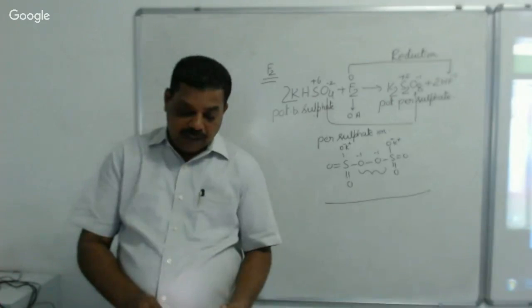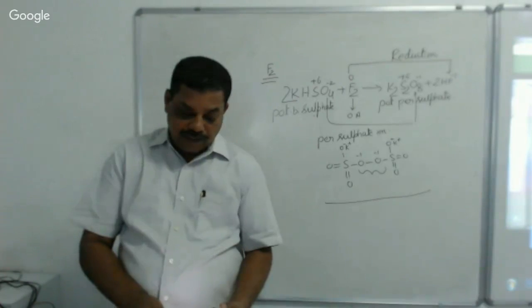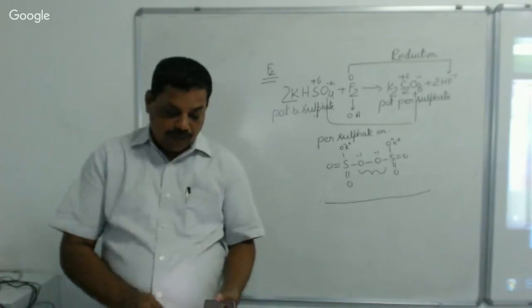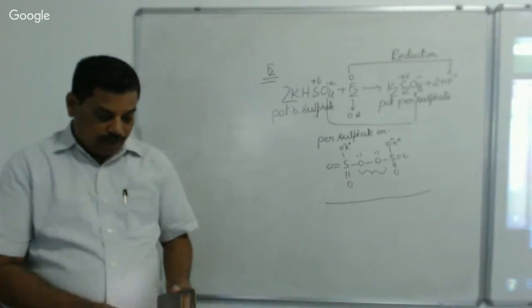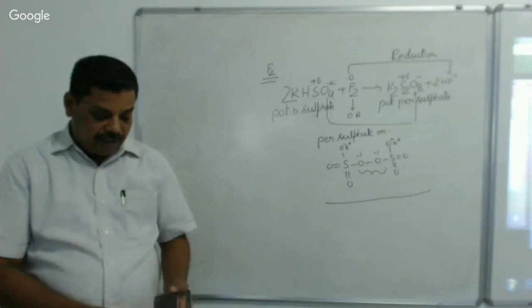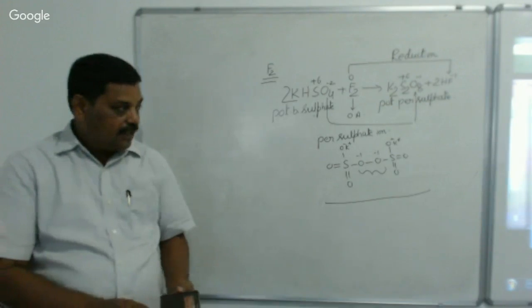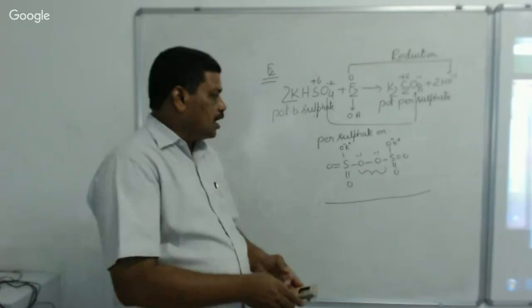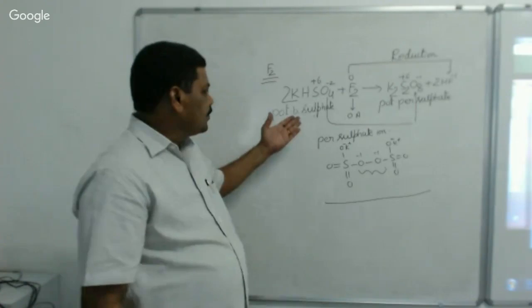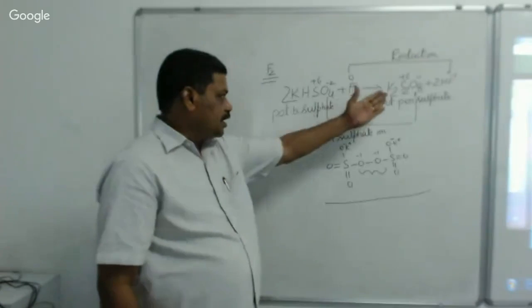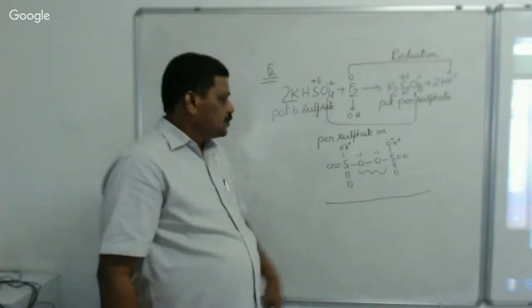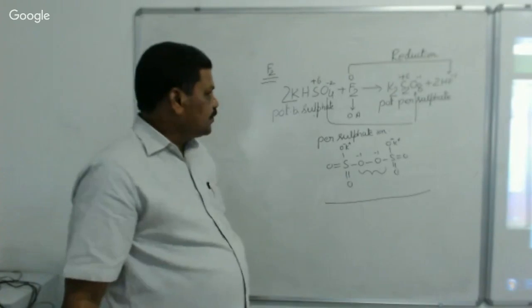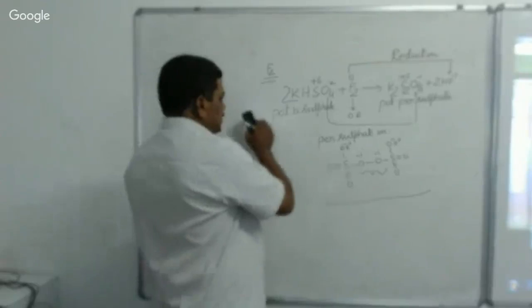The remaining are in -2 state. But when potassium bisulfate is converted to potassium persulfate, the answer is, it is oxidation. This is one of fluorine's important properties. It is a very good oxidizing agent.